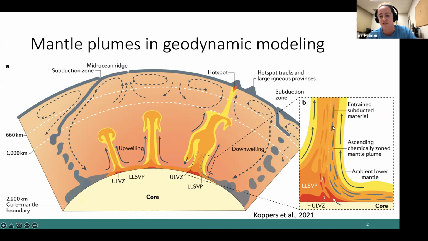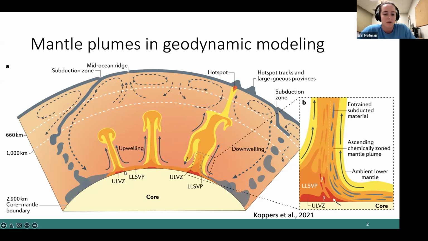There is a chemical component to these as well, but for at least my modeling, we're ignoring the chemical component and mostly focusing on them as a thermal instability that comes out of this bottom boundary. It's typically thought that they can be triggered by subduction of crustal material that hits the core mantle boundary and can slide into the edge of one of these LLSVPs and cause that upwelling.